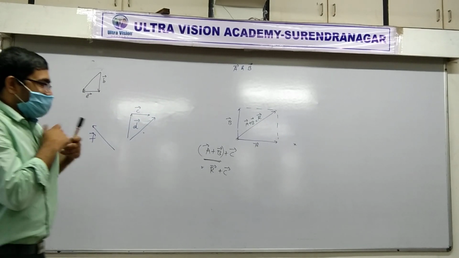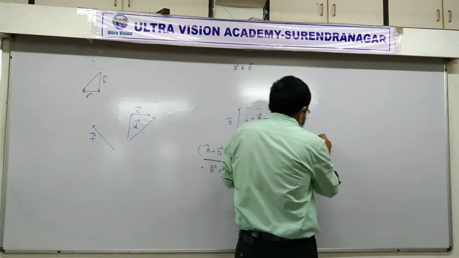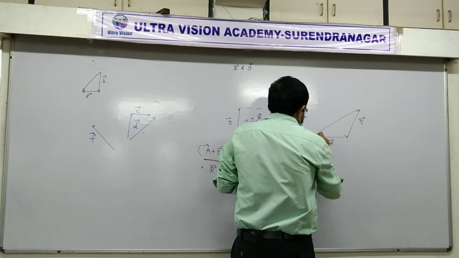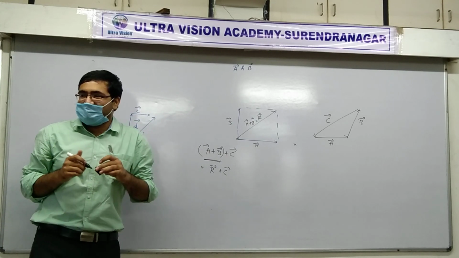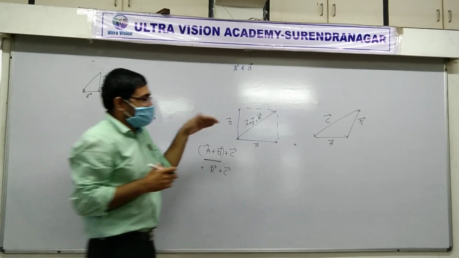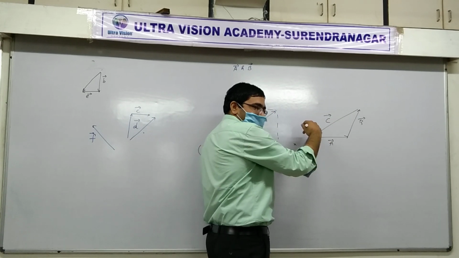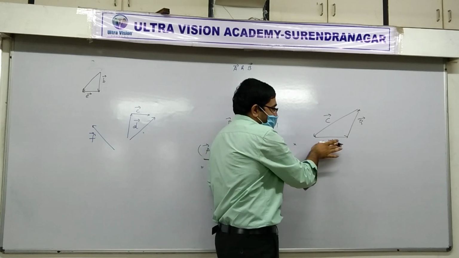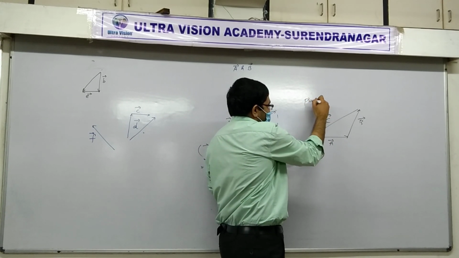Another way to understand is, and we have talked about this earlier, if three vectors have to give resultant 0, then the third vector should be like this. Do you remember that? A vector plus B vector plus C vector will give resultant 0 if they make a triangle like this. Now this is only possible if all three are in the same plane.